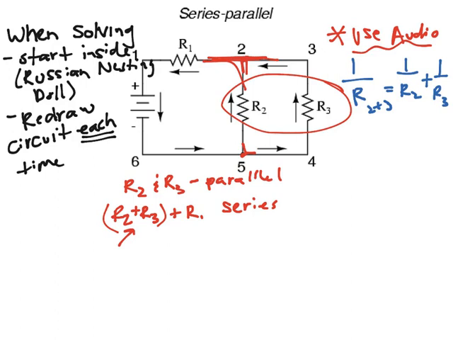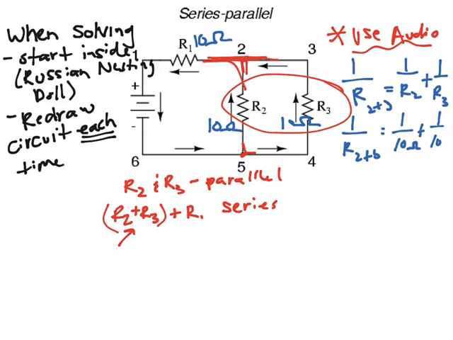And let's just give them some quick values. Let's just say all of them are 10 ohms to make this simple. They're all 10 ohm resistors. So that means we get 1 over R2 and 3 is equal to 1 over 10 plus 1 over 10. Of course, this is in ohms.